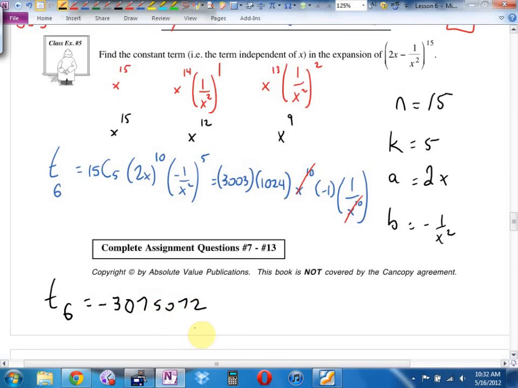Oh, okay, but the digits are right then. Negative 3,075,072. That's the constant term. Okay. Those are the weird curveballs, and hopefully that also helped you with questions you might have had from the homework from last day.